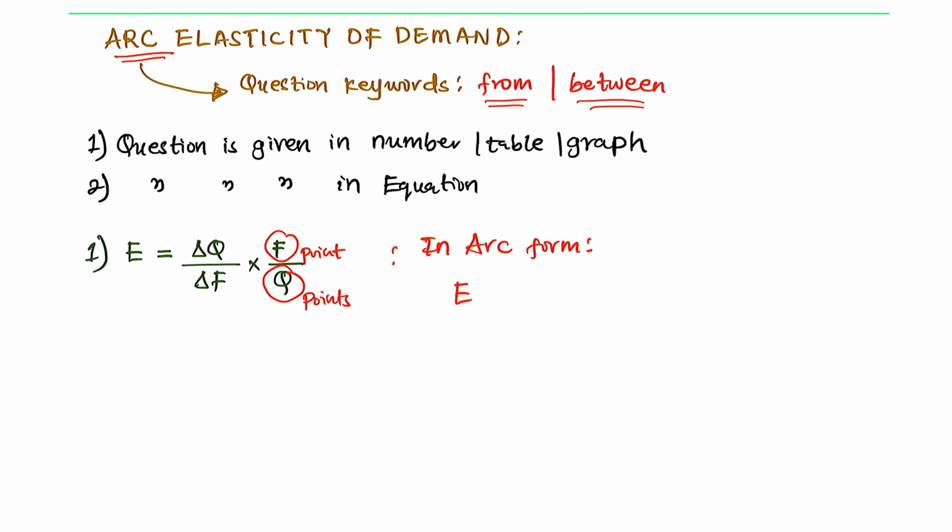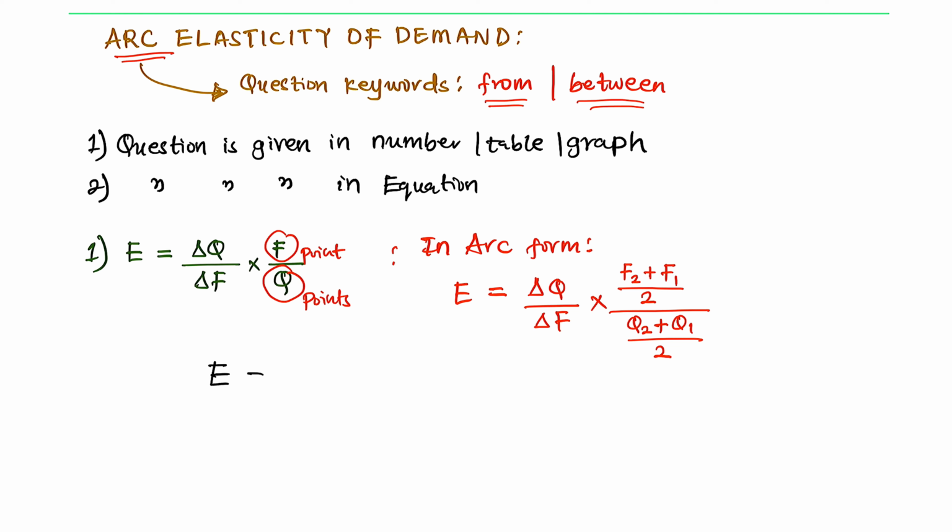the elasticity equals change in quantity divided by change in the factor multiplied by the old factor plus the new factor, the old factor value plus the new factor value divided by 2, all divided by the old quantity demanded value plus the new quantity demanded value, or the new quantity demanded value plus the old quantity demanded value, all divided by 2. Let's write it in a more bold way.